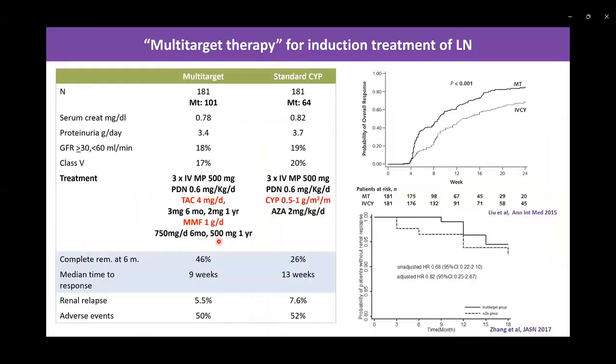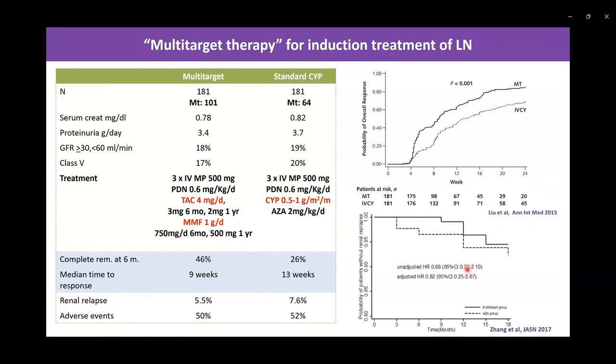In 2015, a randomized control trial was conducted that examined multi-target therapy, which was a combination of low-dose tacrolimus and low-dose MMF. And the investigators showed that this multi-target therapy was superior to conventional cyclophosphamide at 6 months of follow-up.